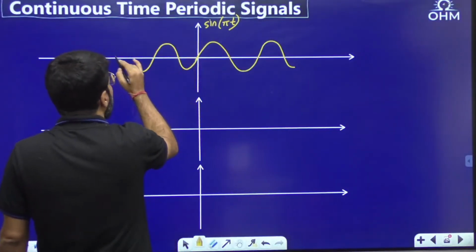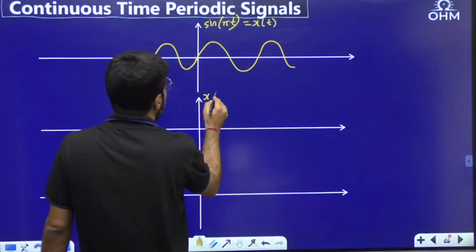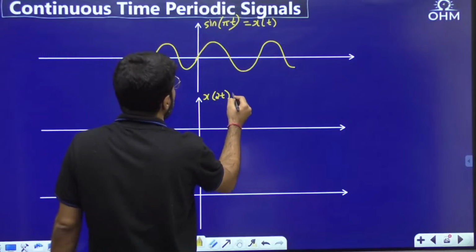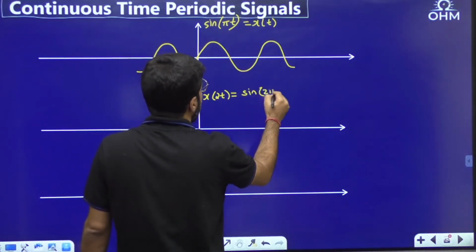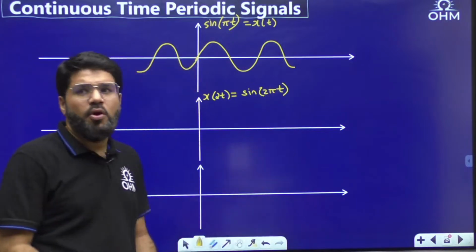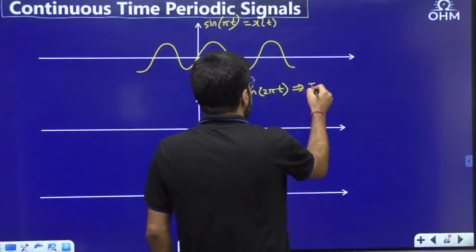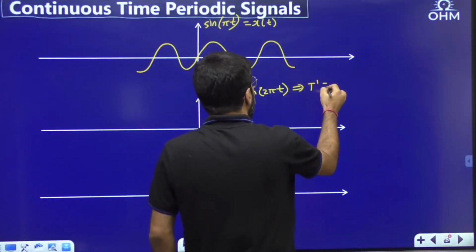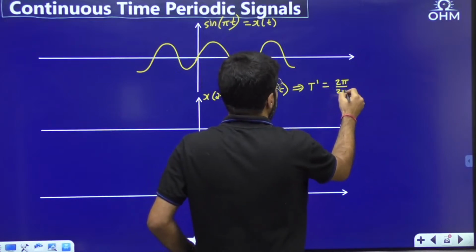Suppose this is x(t). If I ask you what is x(2t), replace t by 2t, it is sine 2 pi t. Is it still periodic or not? It is still periodic. The only difference is its new period T dash will be 2 pi by 2 pi, which is 1.